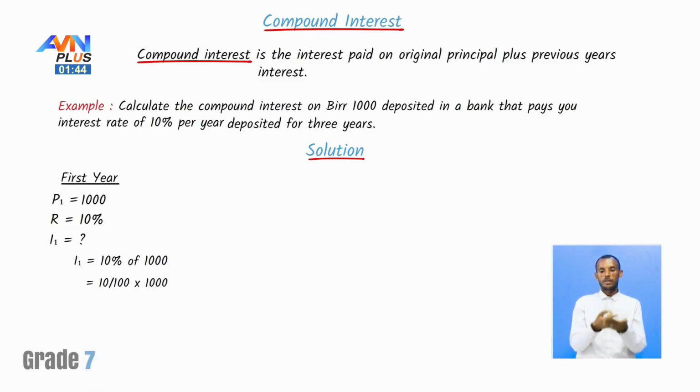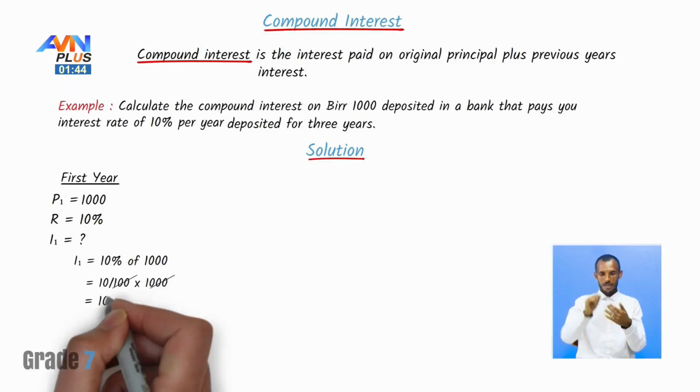These two zeros cancel out, 10 times 10 is 100. This will be the interest for the first year.